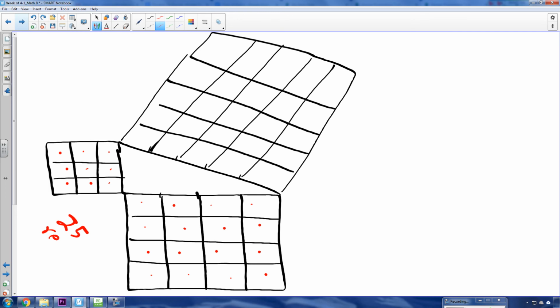If you took this one and you added this one, right? 25 red dots. Now the question is, 1, 2, 3, up to 25. So we could also say there are 25 blue dots, right?